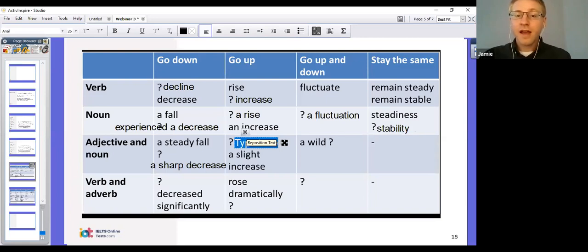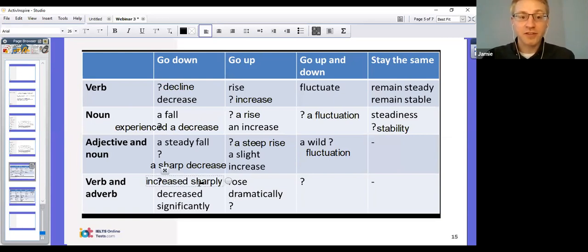If the chart is going up and down very dramatically, we could say a wild fluctuation or a dramatic fluctuation. And we can also use the verb and the adverb, such as, you know, increased sharply, increased steadily, rose dramatically. Actually, sorry, this should be here. Increased sharply, decreased steeply. Okay.